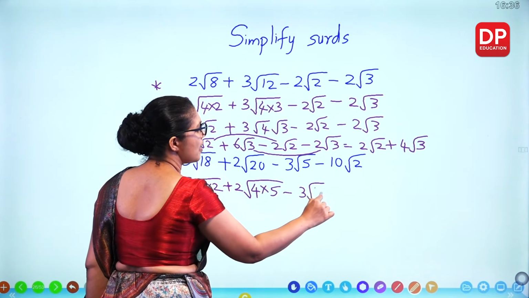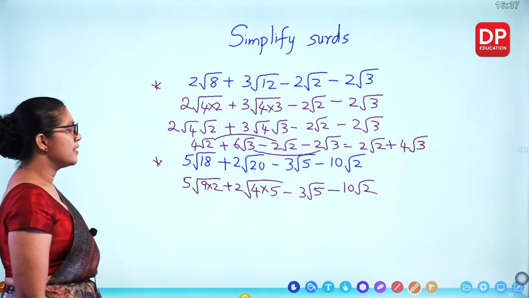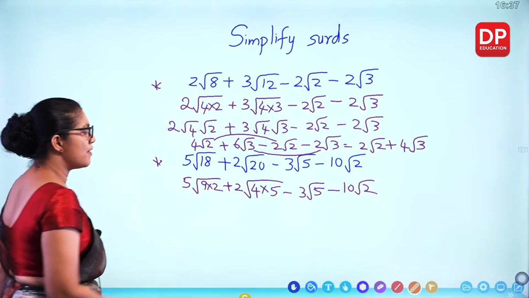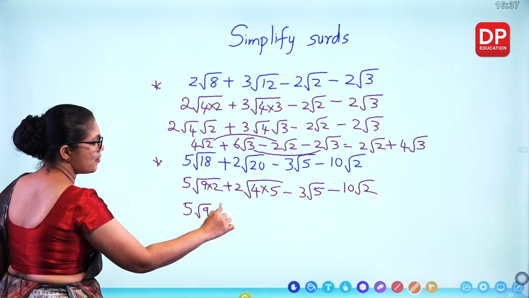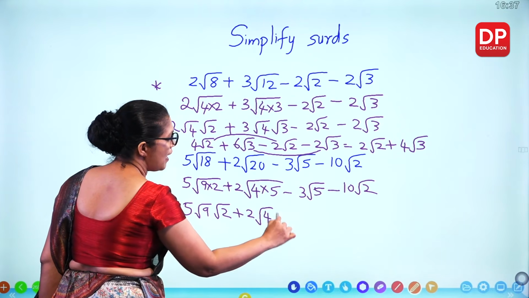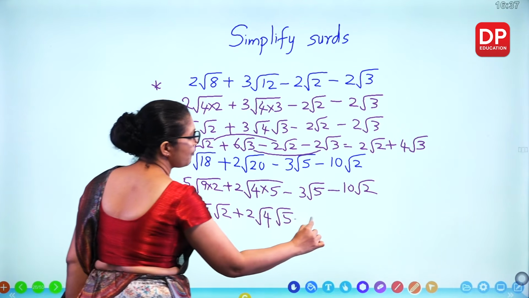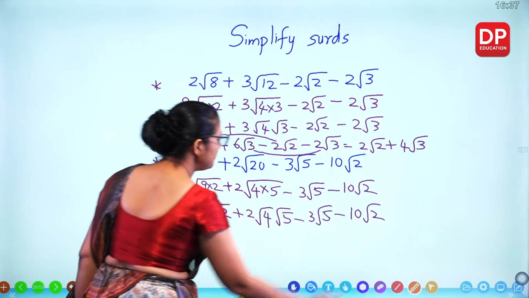And this one you can't simplify further. Now these two you can simplify. Again write as root 9 and root 2 here. This one root 5 and root 4. This one as it is.